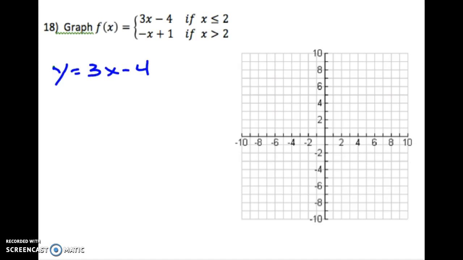So, for the 3x minus 4, it's in slope-intercept form, so we're going to start at -4 on the y-axis and use our slope of 3. So we're going to go up 3 and over 1. Plot some points, so we'll go down 3 and left 1 to get another point or 2 there.